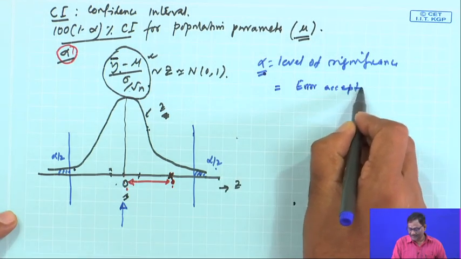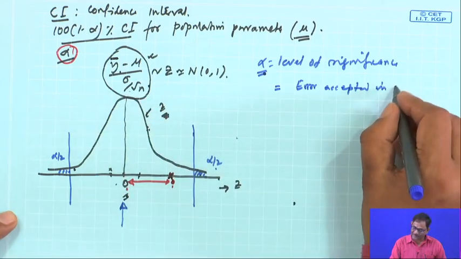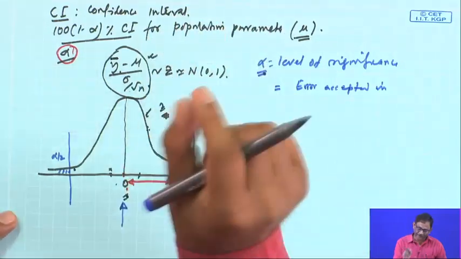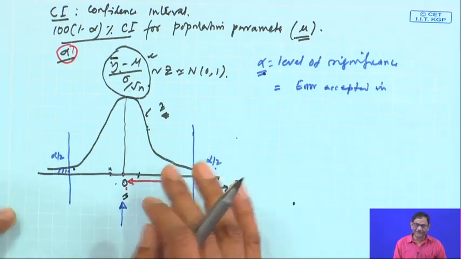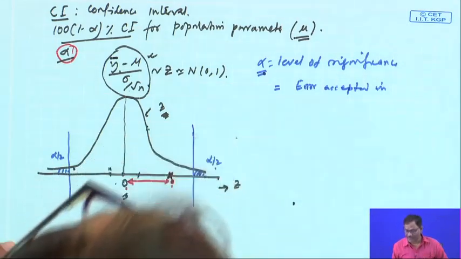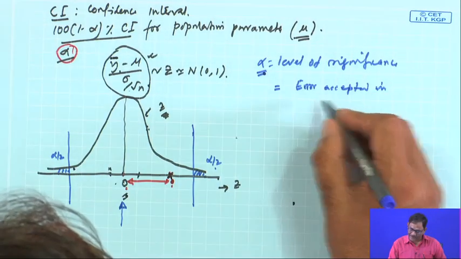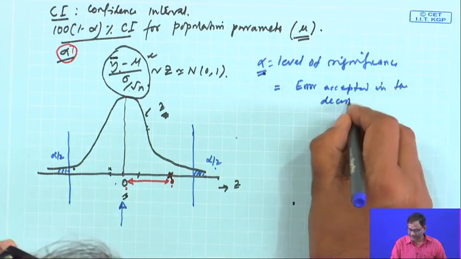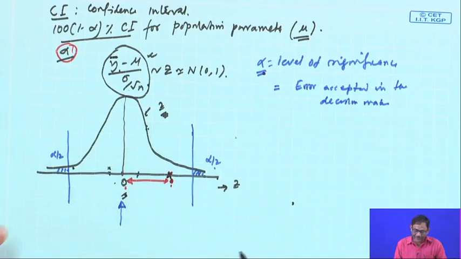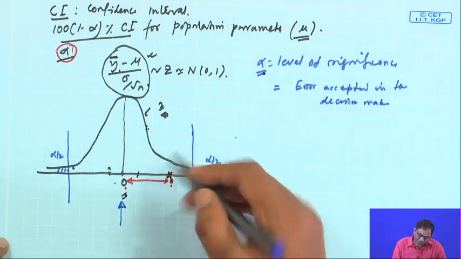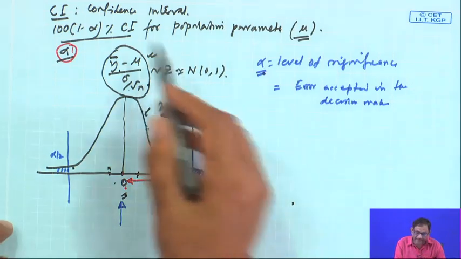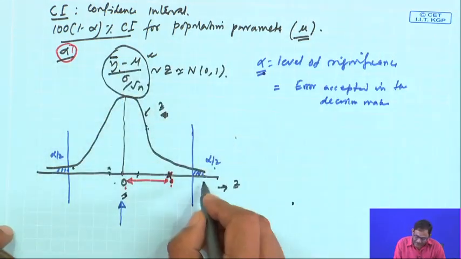This alpha, the level of significance, means the error accepted in accepting that the sample average is representative of the population mean. So, it is the error accepted in the decision making. What does it mean? Suppose you take another sample and the sample average is such that this quantity falls here.